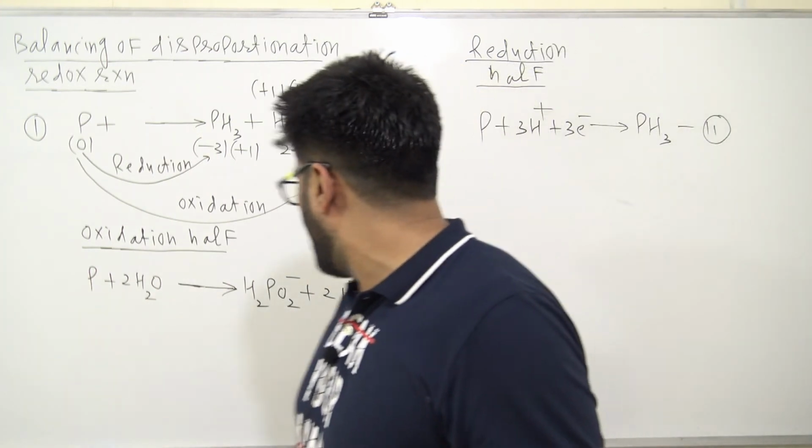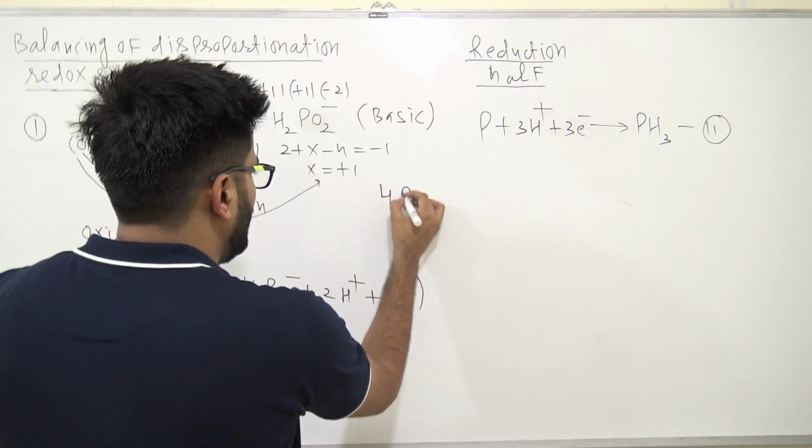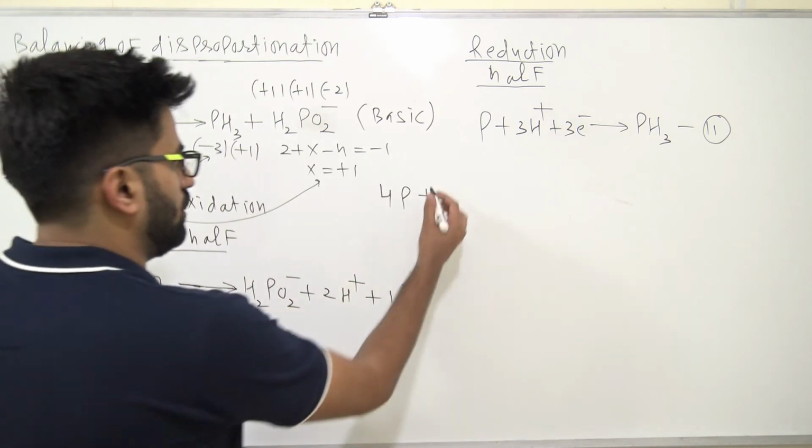Now guys, you know all the usual steps. Here we need to multiply this with 3. You know why? Because we want the electrons to cancel out. Okay, so I'm directly adding, everyone pay attention, 3P and 1P, so that would be 4P. Then 3 into 2, 6H2O.